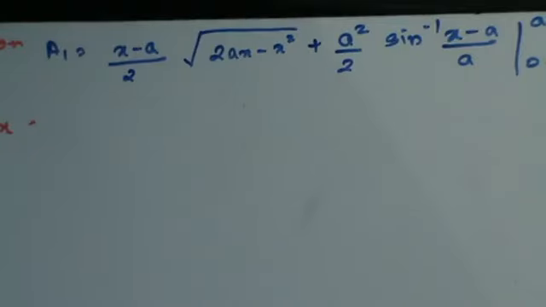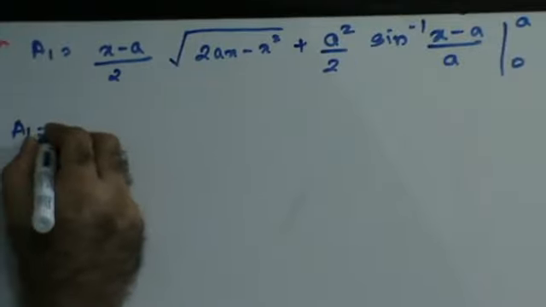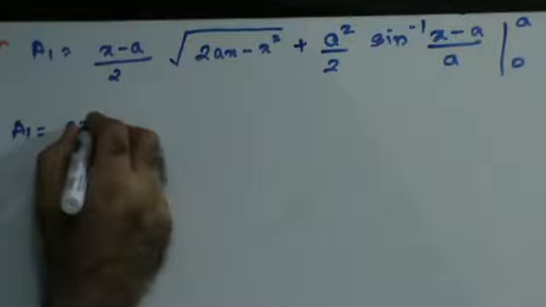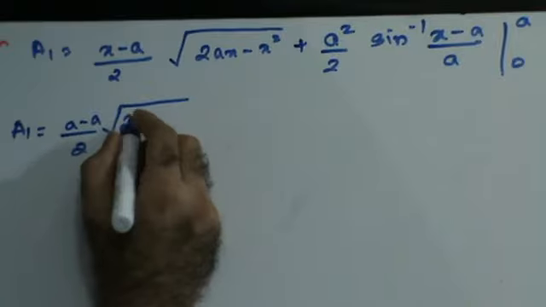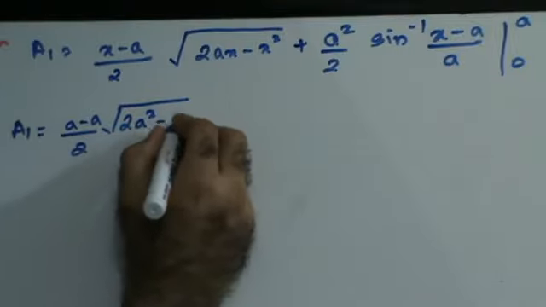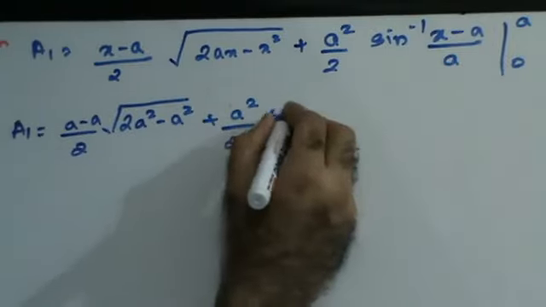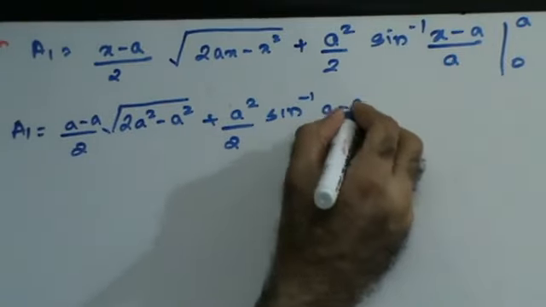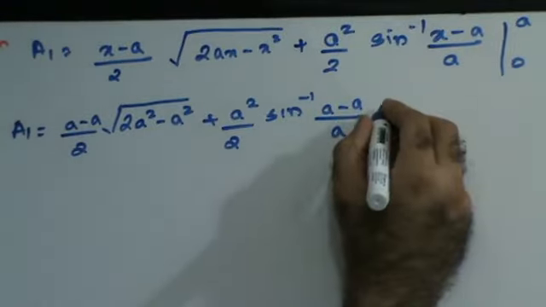Fine, do we get this in clear? I'm using your normal integration formula. Now, how do I solve this? Upper limit minus lower limit. So this is a minus a by 2 square root of 2a square minus a square, plus a square by 2 sine inverse of (a minus a) by a, right?